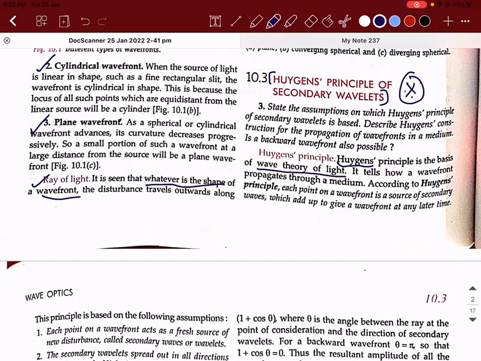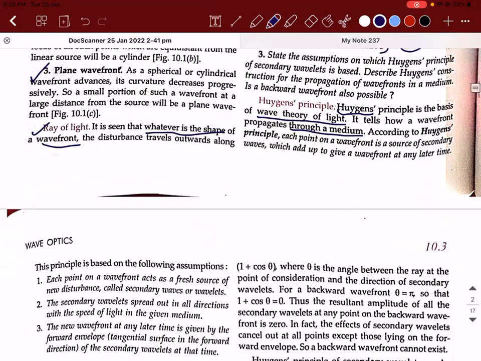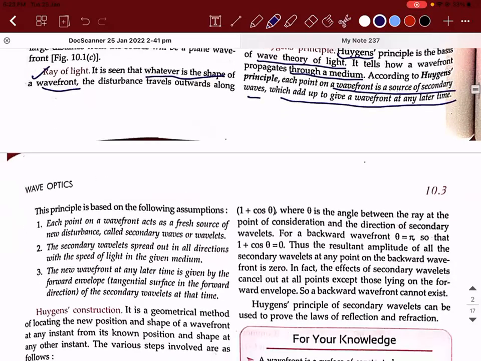It mainly talks about how the wavefront propagates through a medium. According to Huygens, each point on a wavefront is a source of secondary waves which add up to give the wavefront at any later time. Try to understand this, guys.